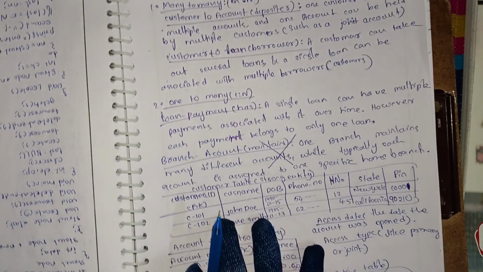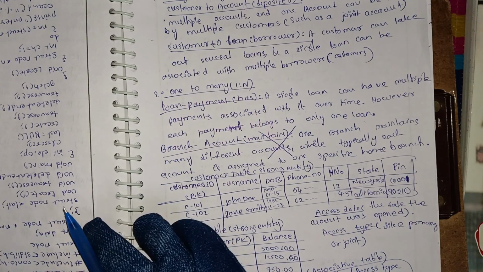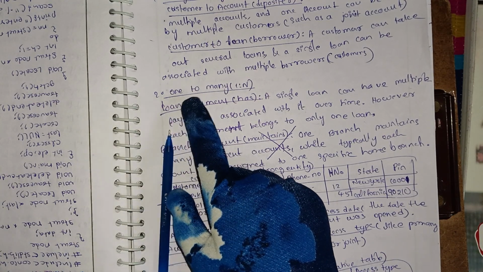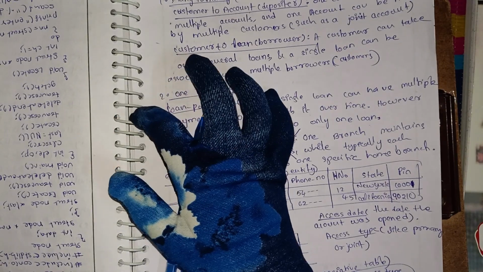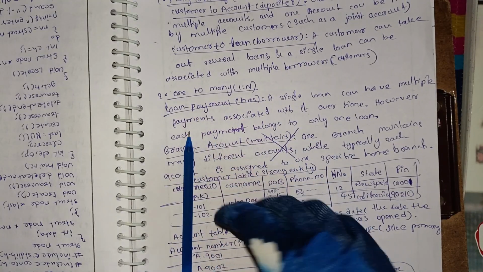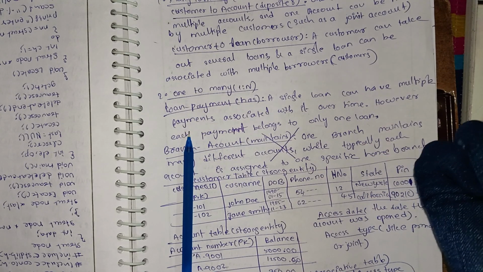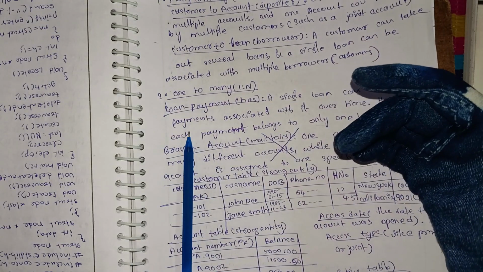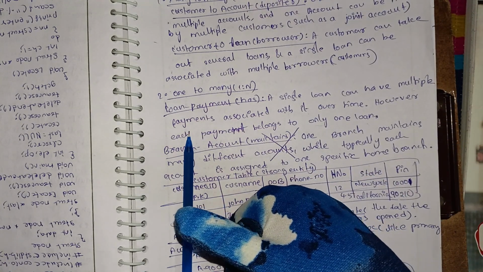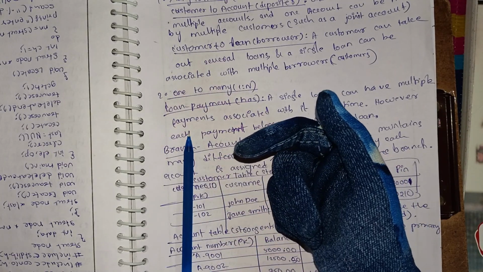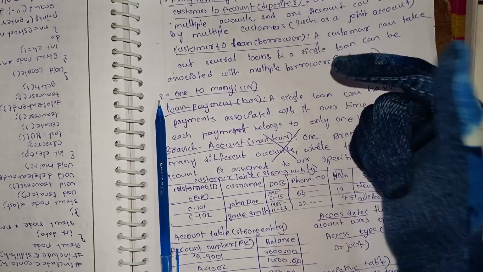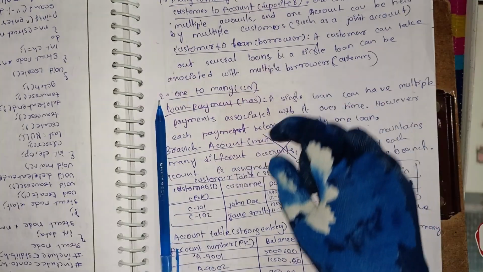So the one to many definition in the entity relational model is: one row in the first table relates to multiple rows in the second table, and each row in the second table relates to exactly one row in the first table.